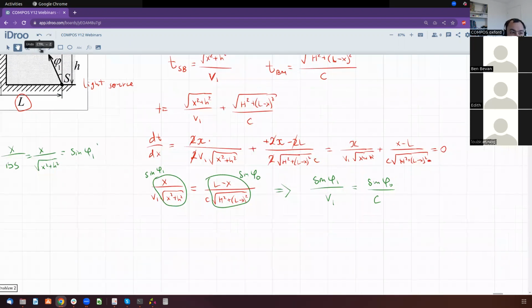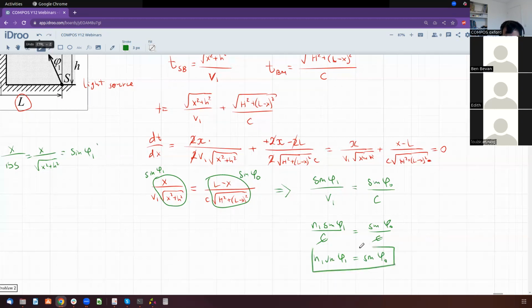We plug that in. So c divided by n1 sine phi 1 equals sine phi 0 divided by c. Bam. n1 sine phi 1 is equal to sine phi 0.